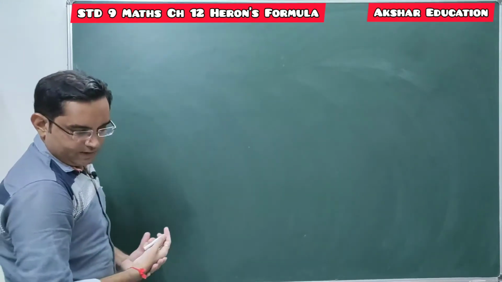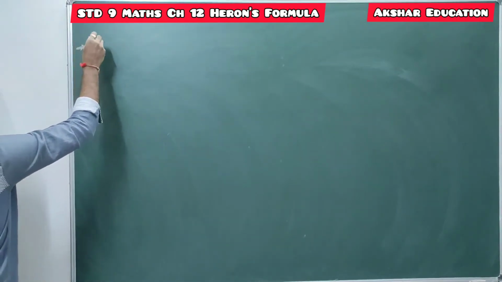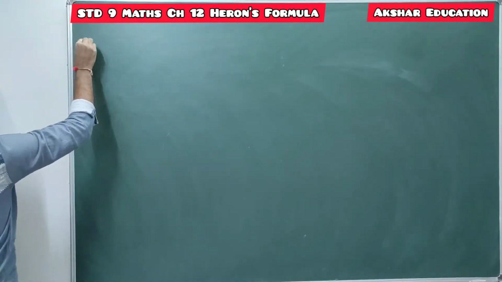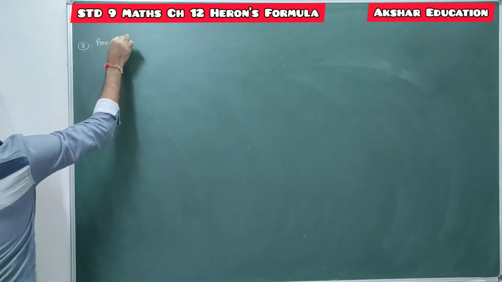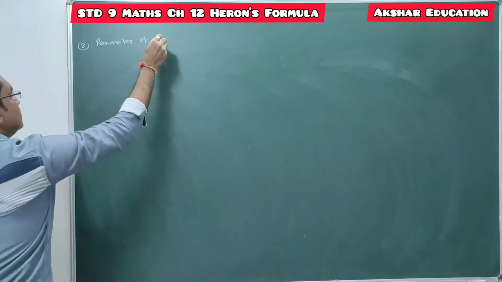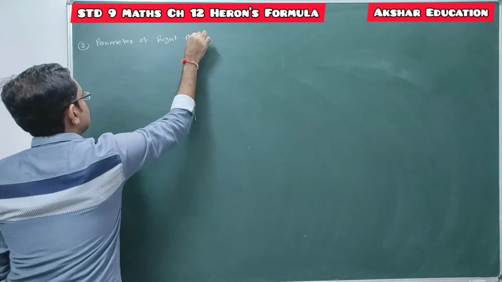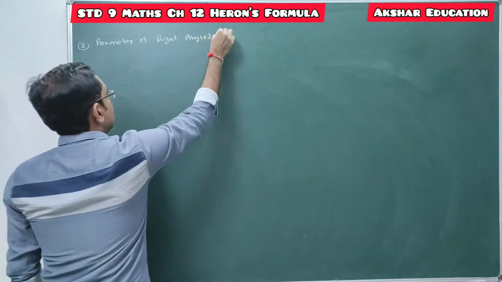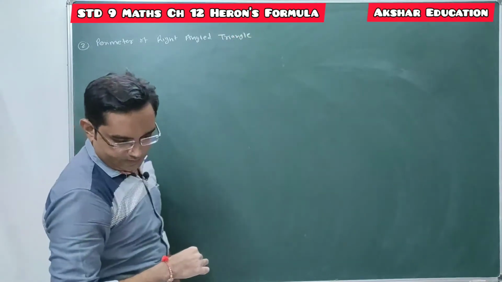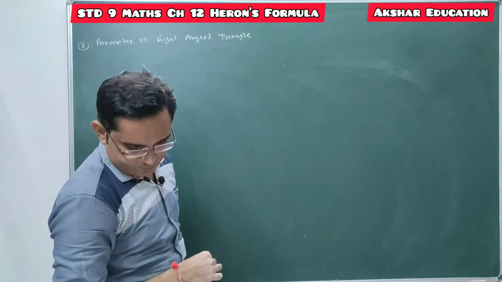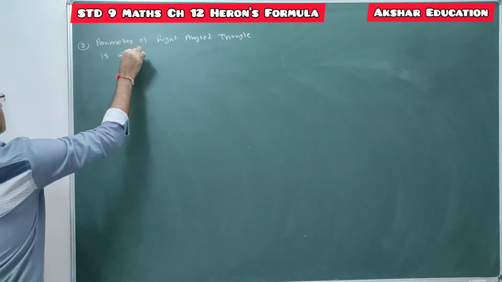The perimeter of the right angle triangle is 24 centimeter.